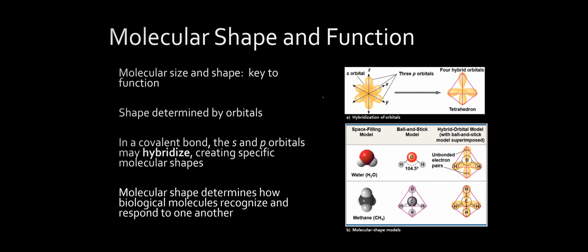Okay, so molecules like atoms have a shape as well. And the key to understanding the shape of any molecule is just understanding that when two atoms come together, those clouds of electrons surrounding them fuse together in a mathematical way to develop new shapes. And those new shapes we call hybrid orbitals.